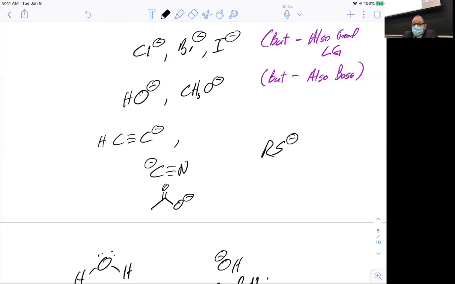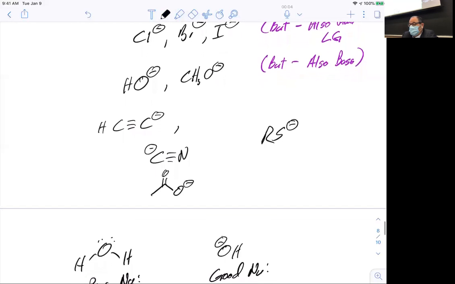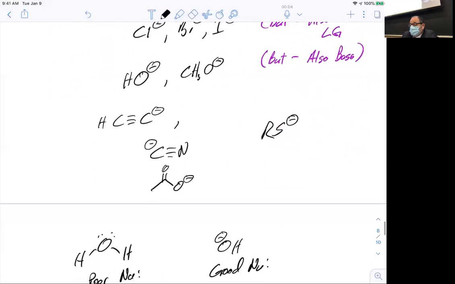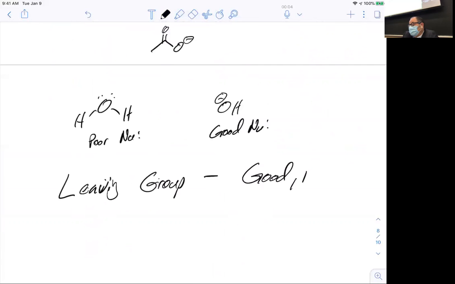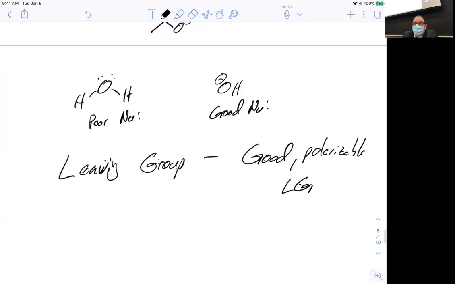So we can make sulfur-containing compounds. Those are strong. Those are good nucleophiles. When we're looking at our leaving group, really we want something that's a good leaving group.